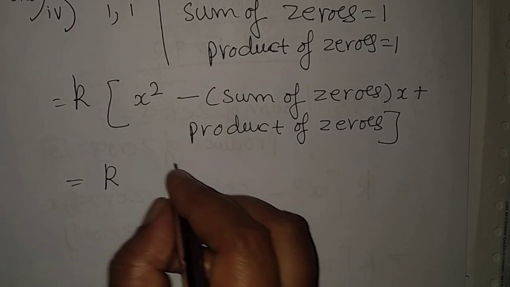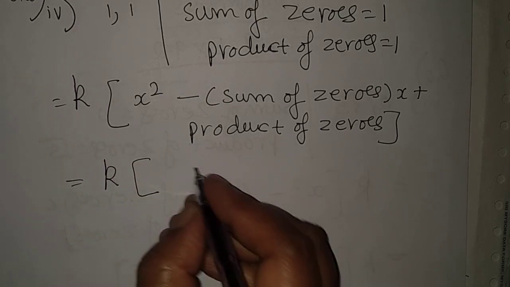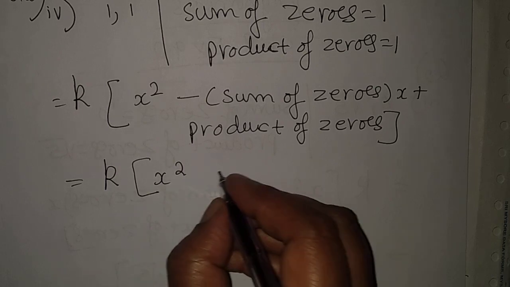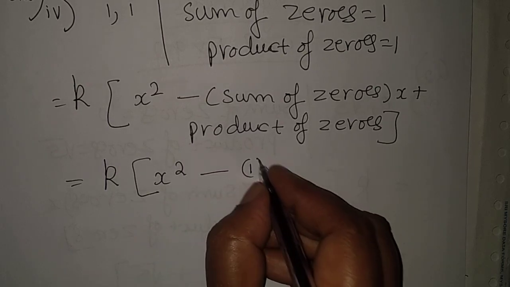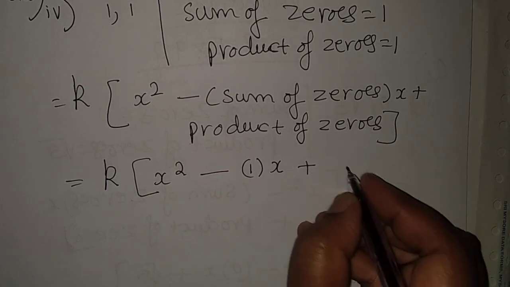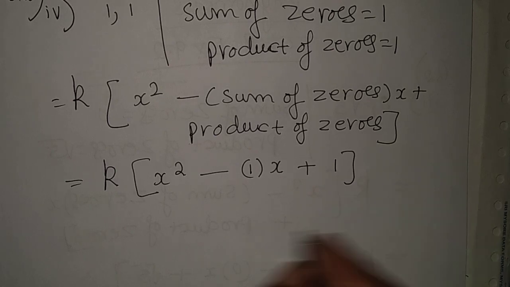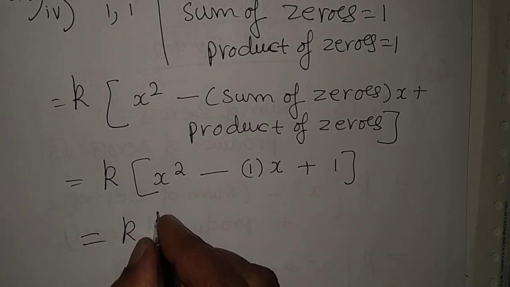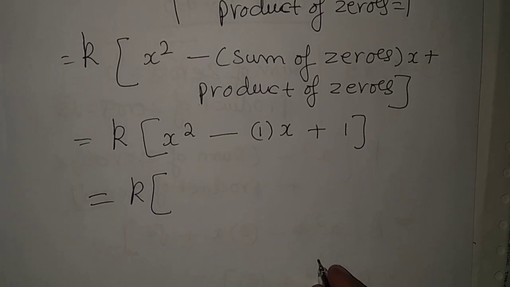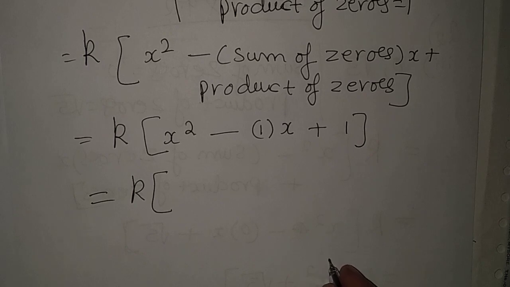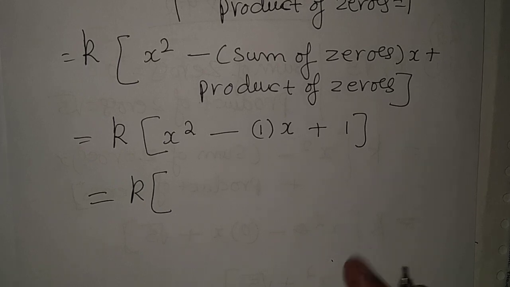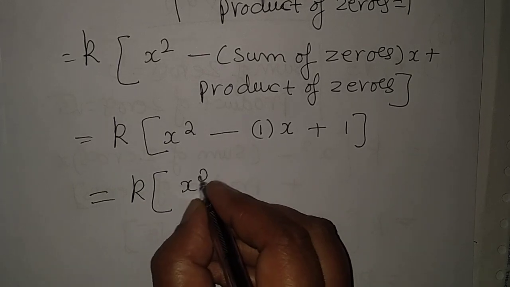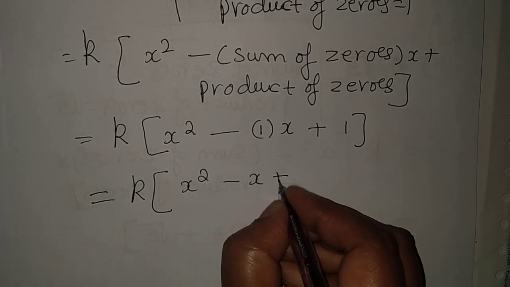Then x square, substitute 1 into x plus 1, then we get x square minus x plus 1.